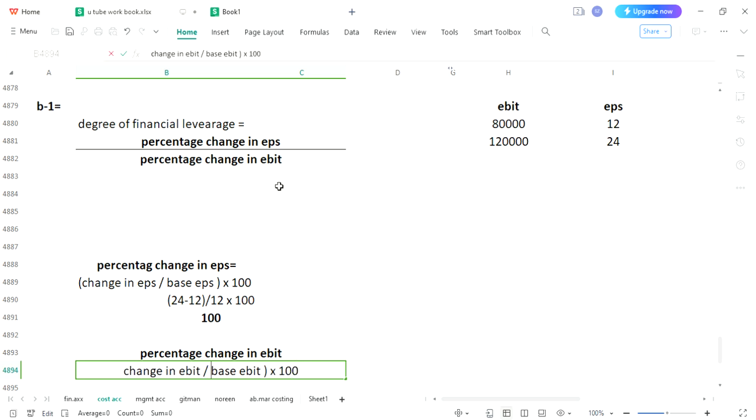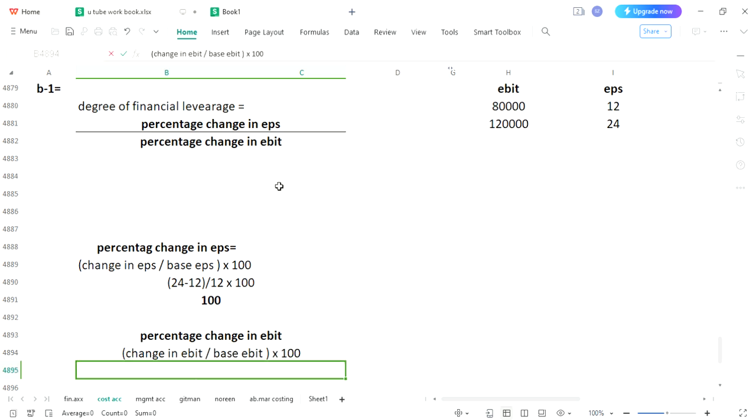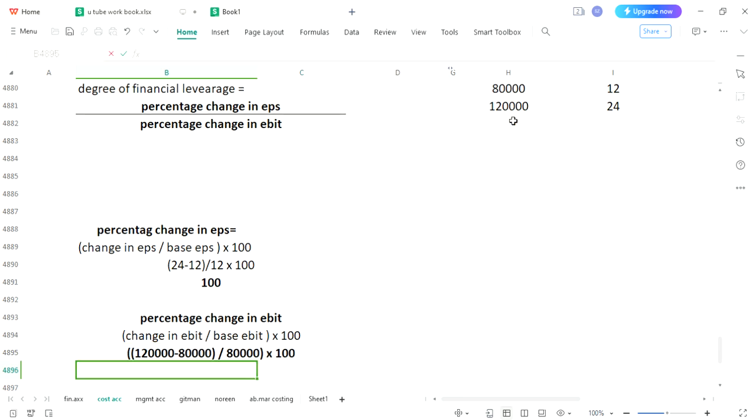In this way you can complete your formula. Now to calculate the change, we will simply subtract the two EBITs: 120,000 is the second EBIT and 80,000 is the first EBIT. You subtract to calculate the change, and then divide it by base EBIT. In the question it was said to make 80,000 EBIT as base, and then you will multiply it with 100.